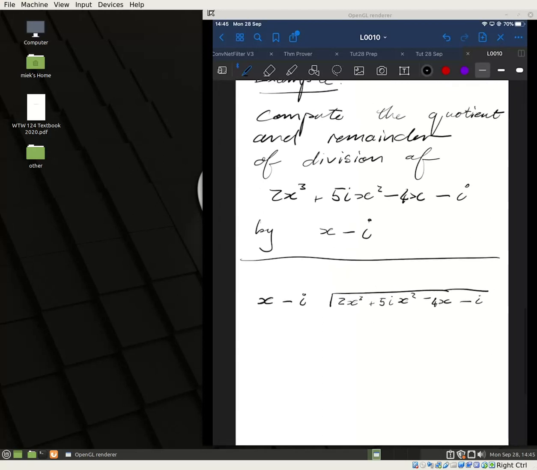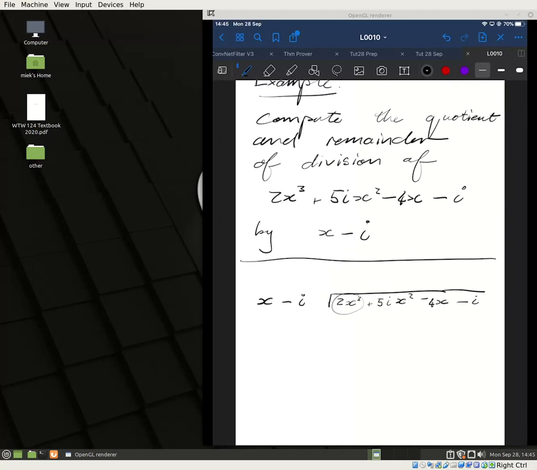We look at the leading terms. x goes into 2x cubed 2x squared times, and we write the 2x squared there.